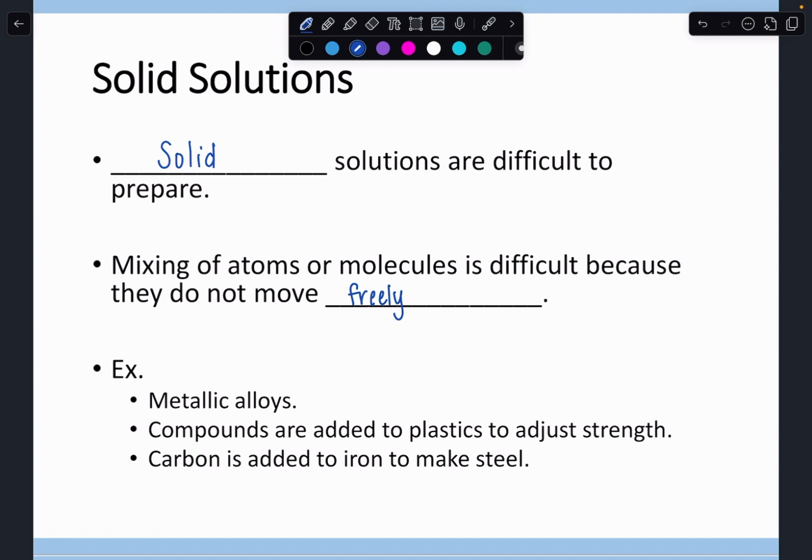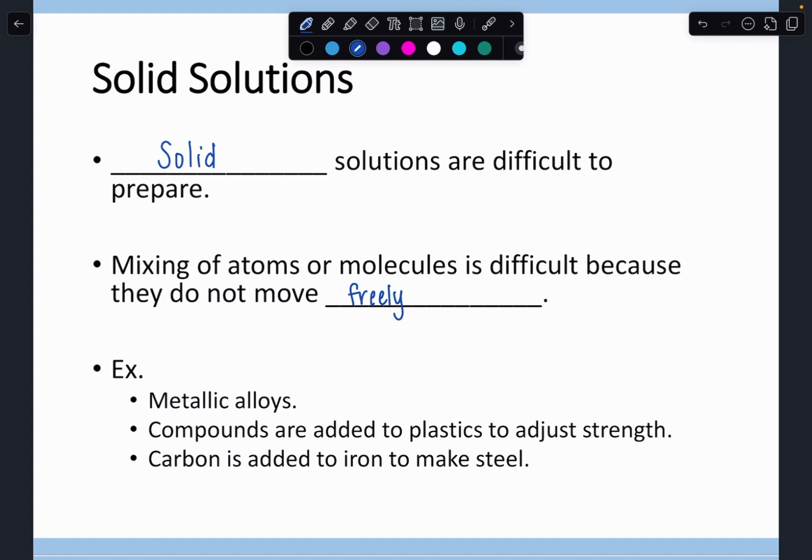But there are some examples of solid solutions, like metallic alloys. This is a mixture of different metals. You can melt them down, mix them together, and then when they are cooled again, they solidify into a solid, but they're still a mixture, they're still a solution.